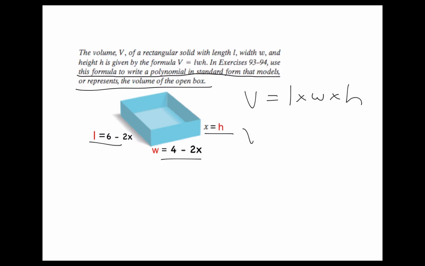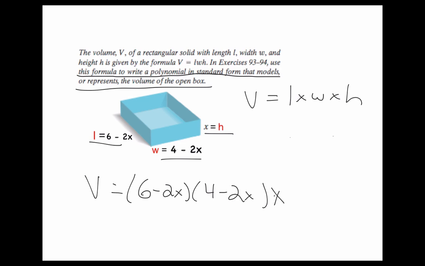So all we really have to do is take the length, 6 minus 2x, the width, 4 minus 2x, and the height, which is just x, and multiply all that out.